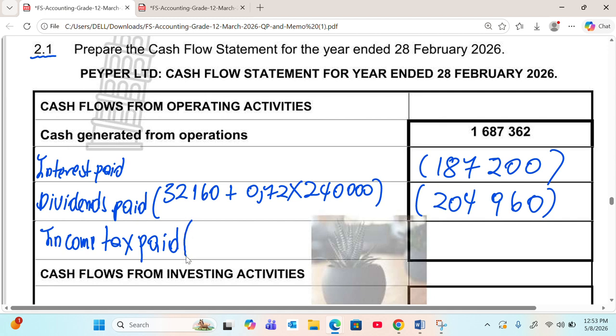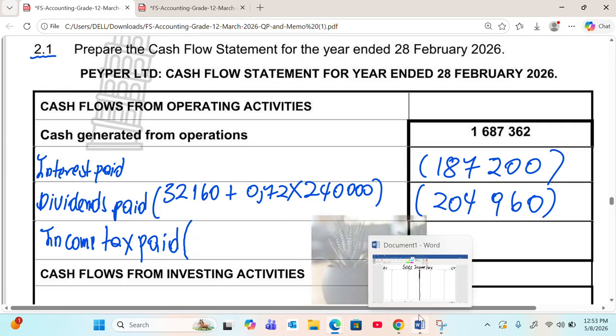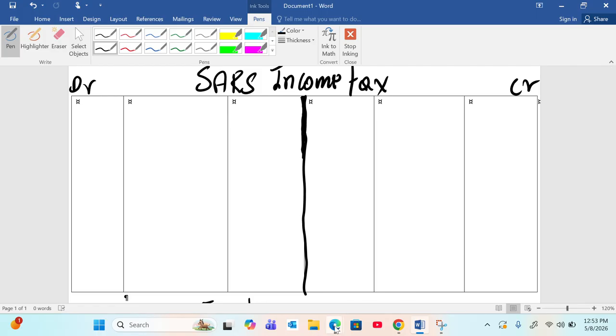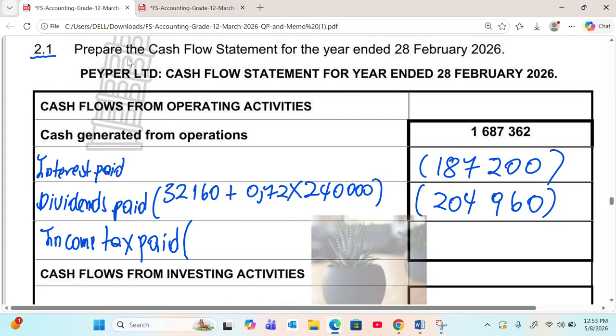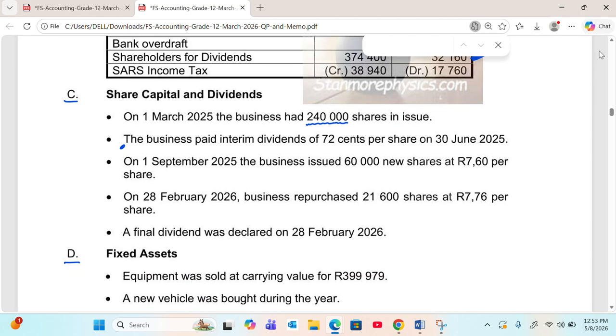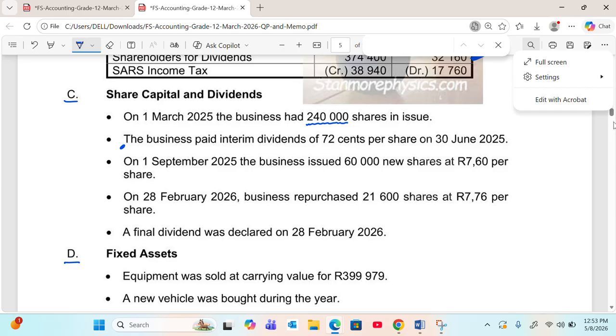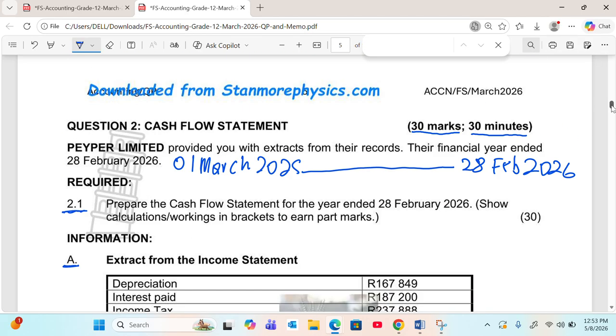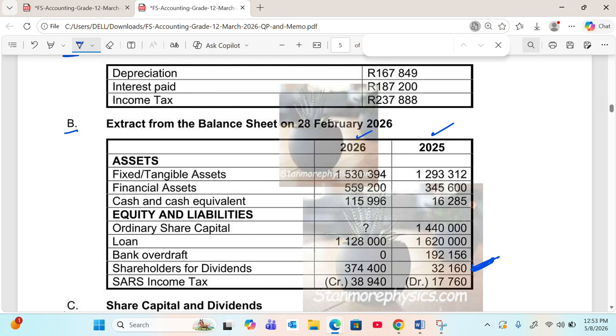So the income tax for this example, what I like to do is to prepare the SARS income tax account. I've now opened a Word document. I want you to notice something.